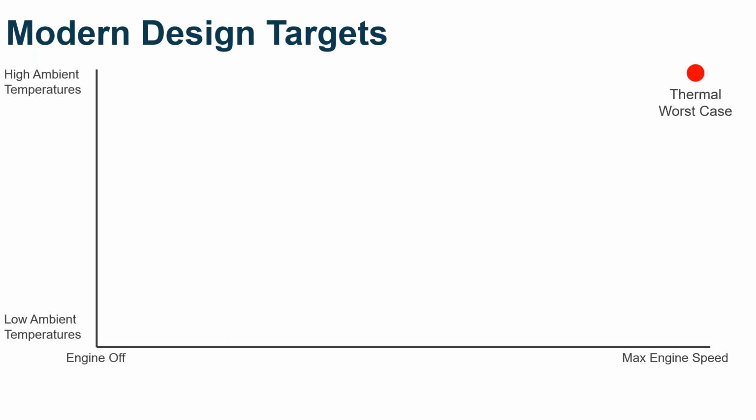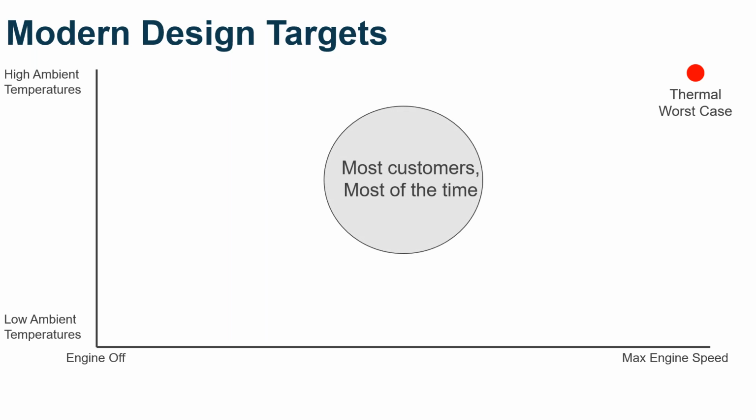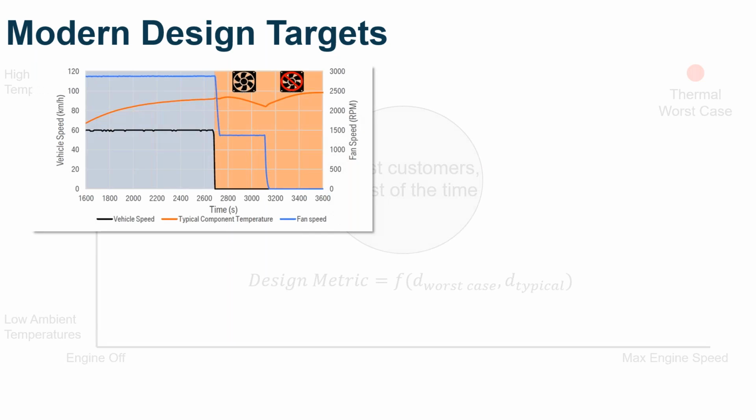If you imagine driving in the desert at max speed for really long periods of time, that happens sparingly. Instead, most customers spend most of their time far away from that. And as a result, we talk about design metrics that are some function of the worst case and the typical operation.